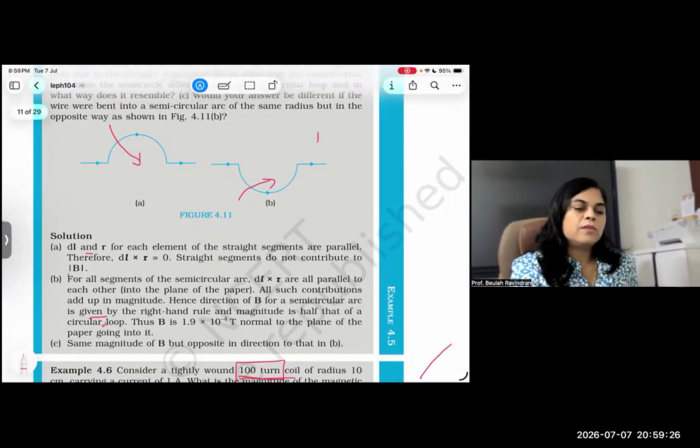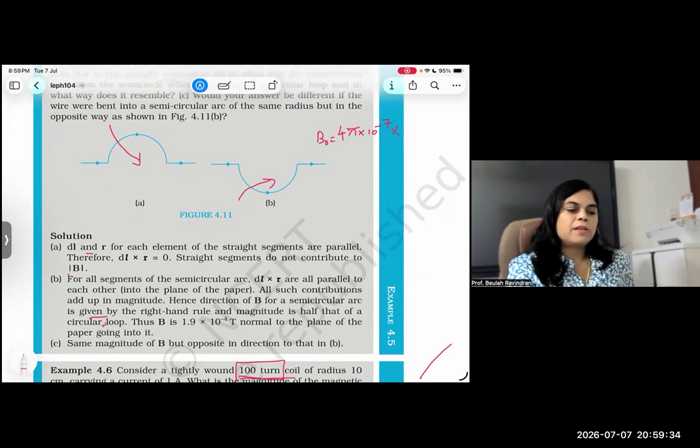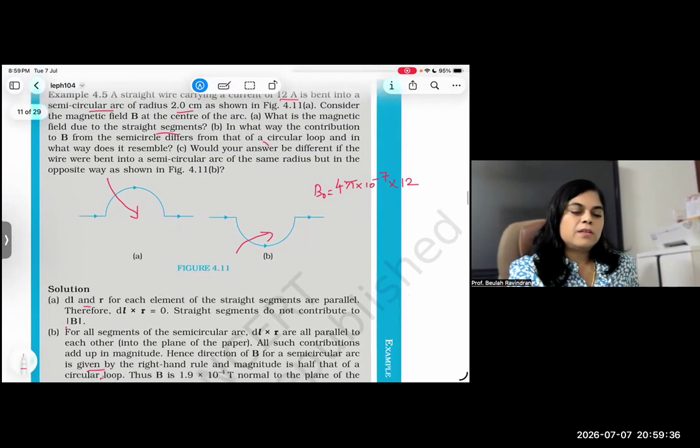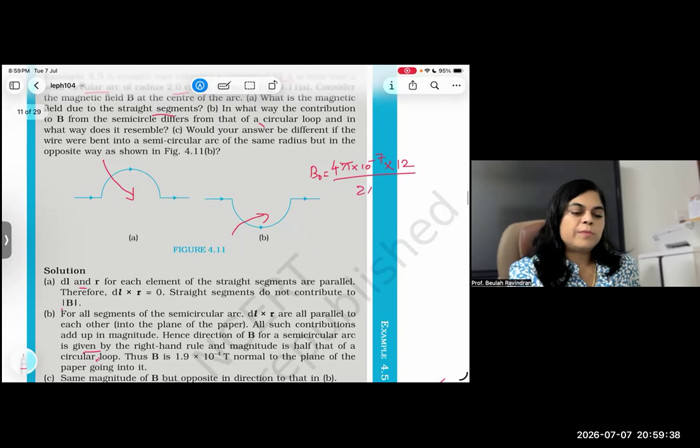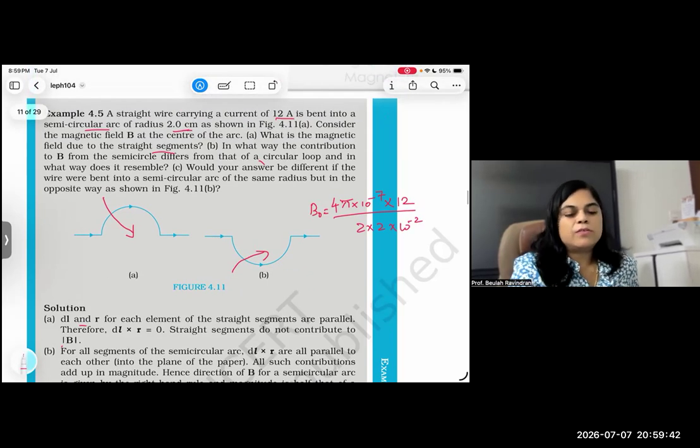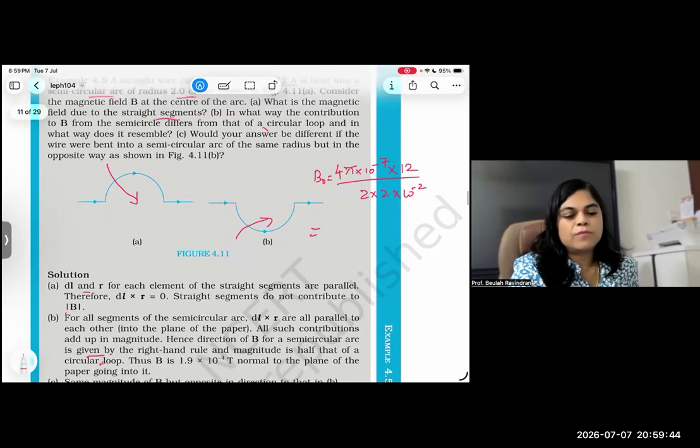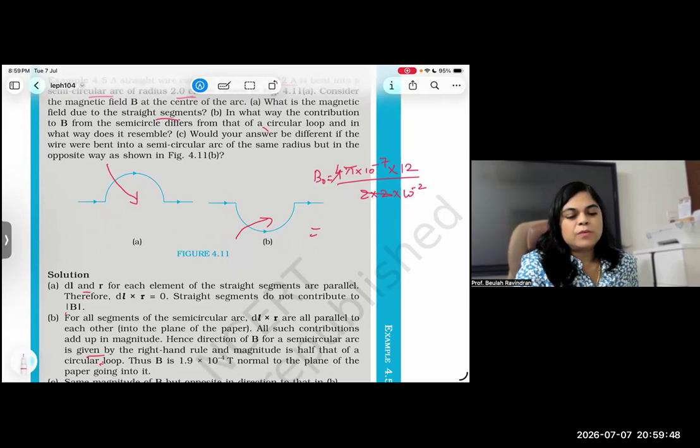B naught is equal to 4 pi into 10 to the power of minus 7 times I will be 12 ampere, then 2 into 10 per minus 2, since it is given in centimeter. So you have to find out all these things. 4 and 4 gets cancelled.